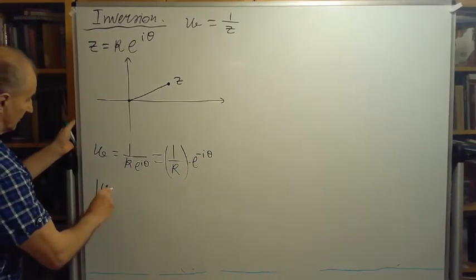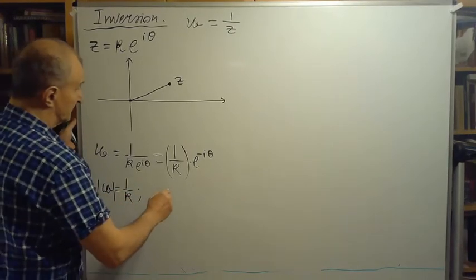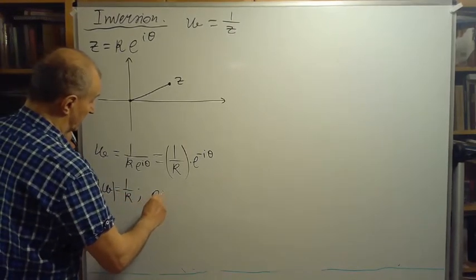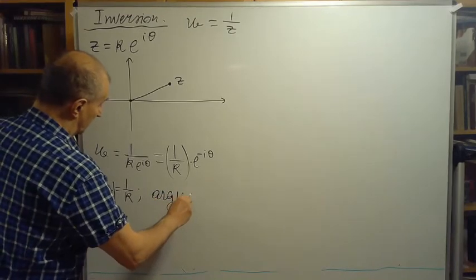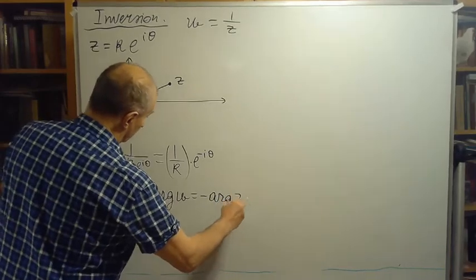So the modulus of w will be 1 over r, and the argument of w will be the negative argument of z.